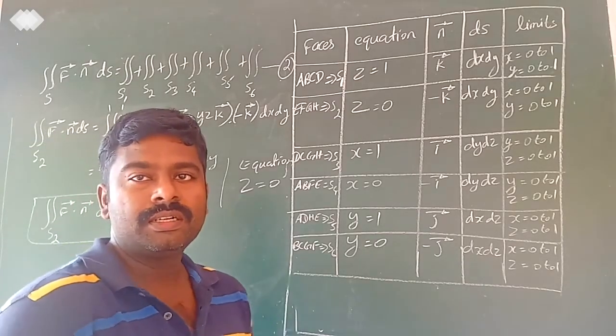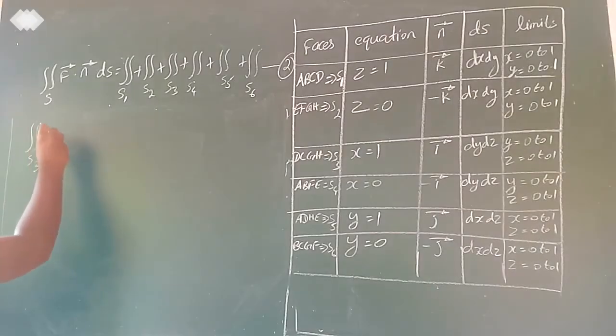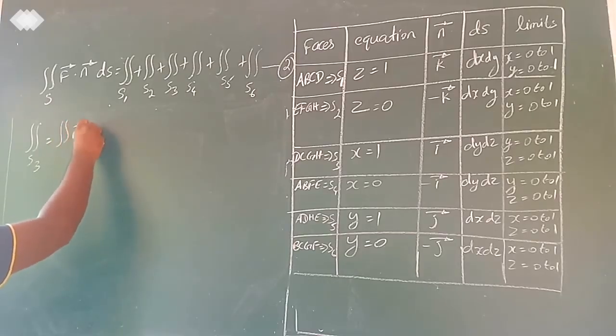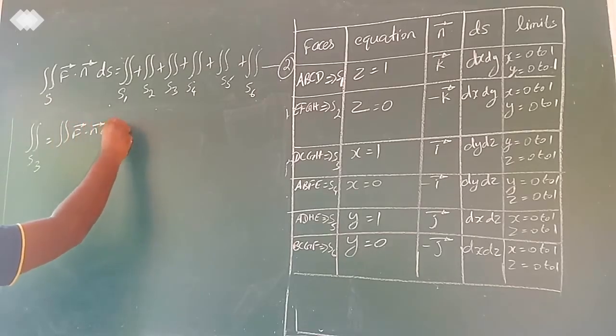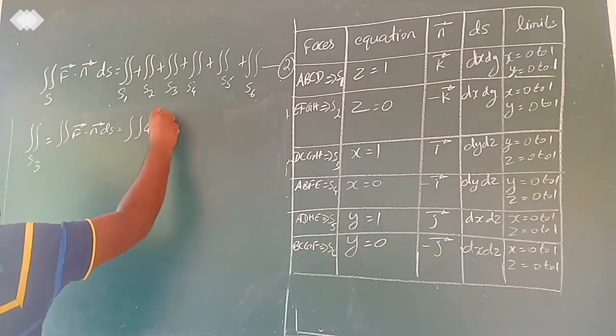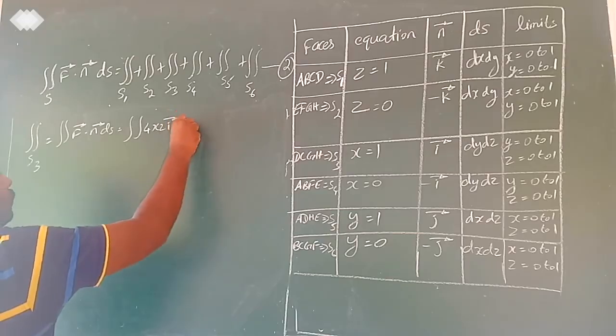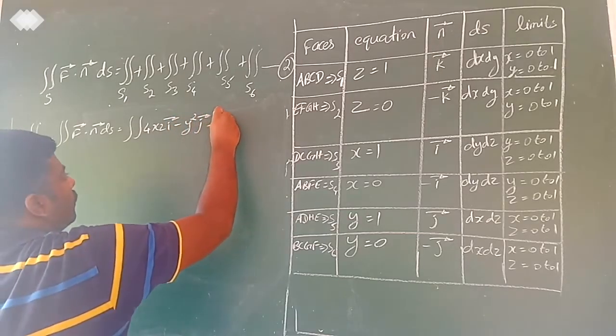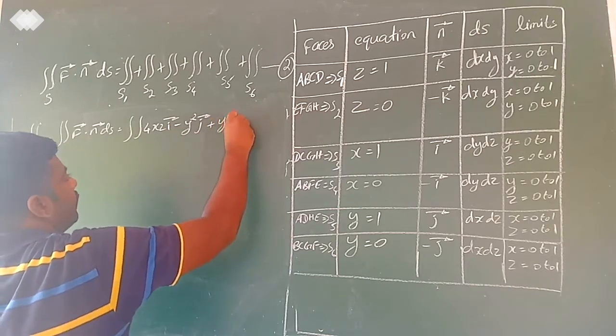And next, double integral of S3. Double integral of f vector dot n vector ds equal to double integral of 4xz i vector minus y square j vector plus yz k vector.